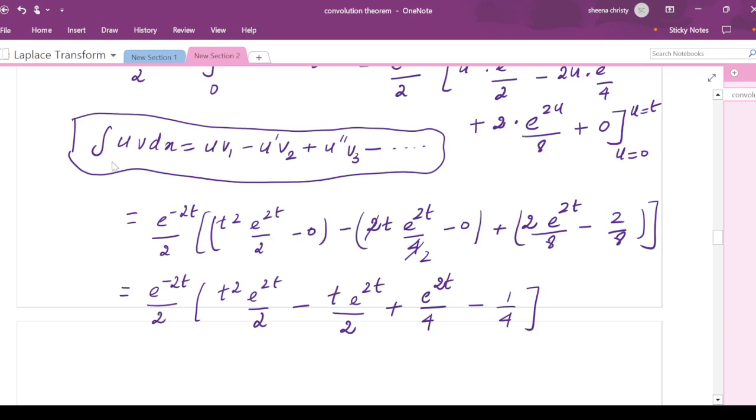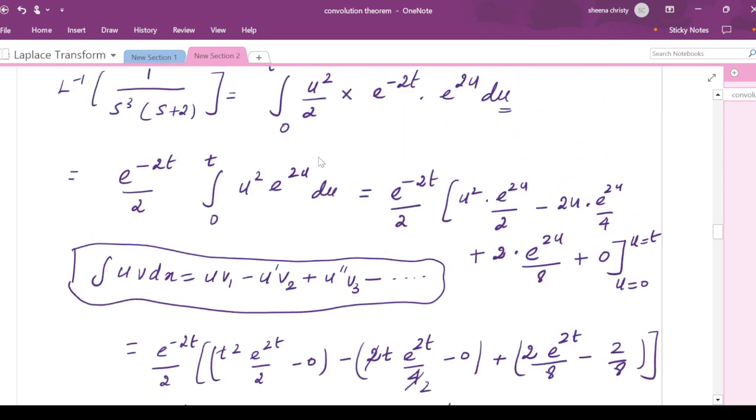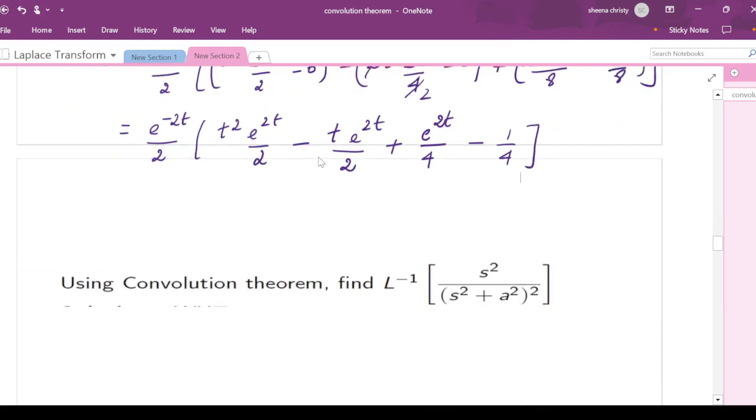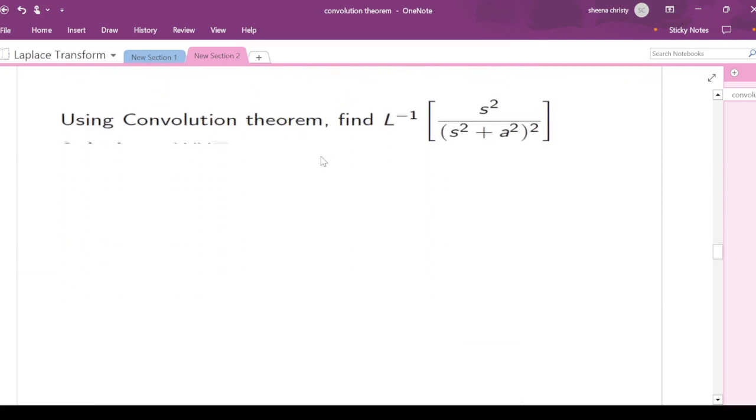You have to use the standard integration formula alone. That is, if you are having the integral e power ax sine dx, in that case you can't apply this Bernoulli's formula. I think you are able to understand it. Okay. So now next we'll see the next problem.